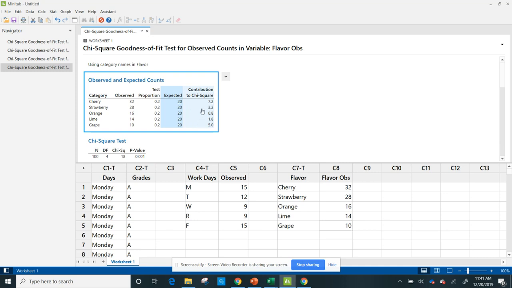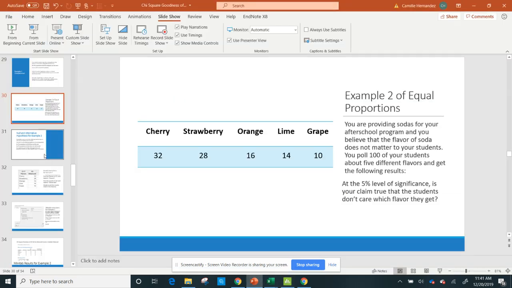Contribution to the chi-squared, it does the expected with the observed formula, and it gives me the contribution. Here, it gives me the sample size of 100. Degrees of freedom is 4. And that, again, is number of categories minus 1. Chi-squared value of 18. And then the p-value of 0.001. So let's go ahead and go back to my PowerPoint and keep going.